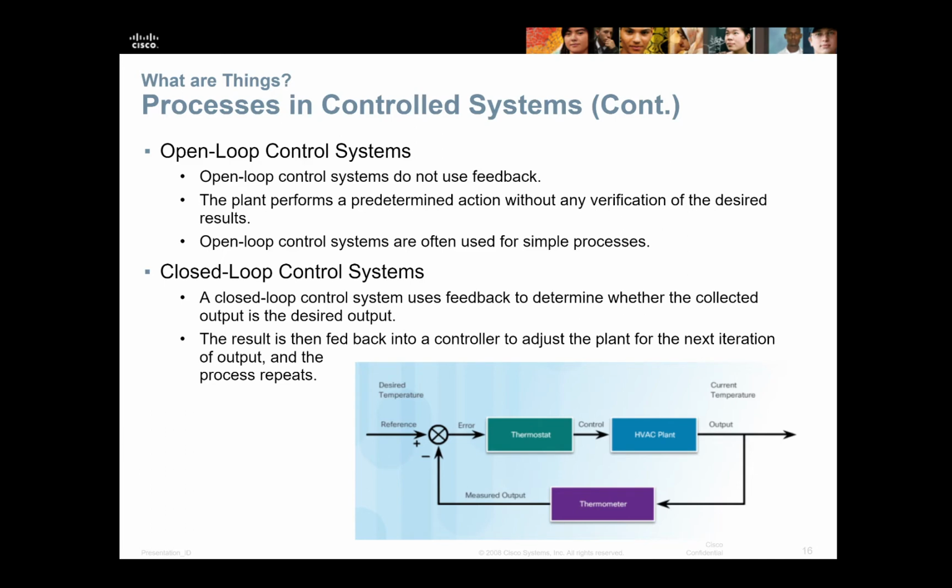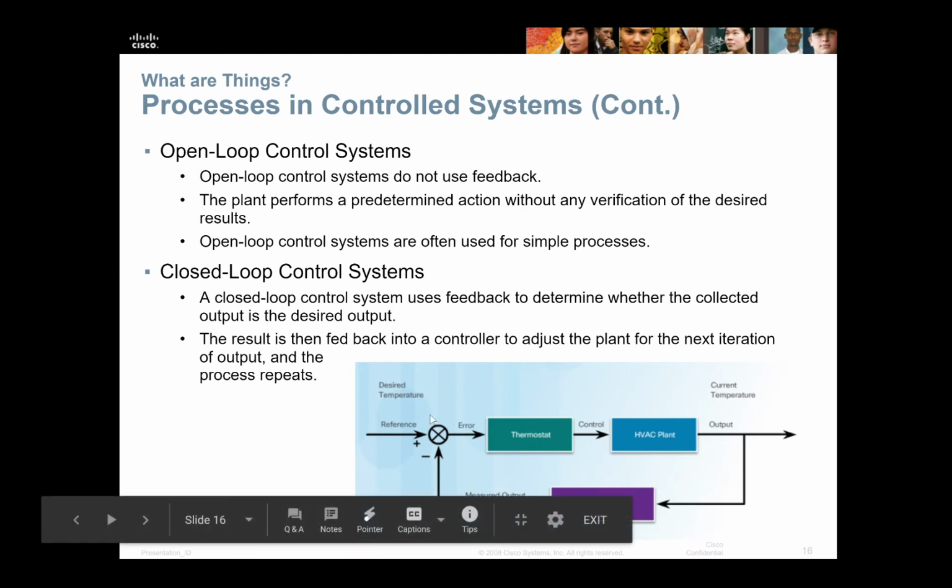There's a measured output going into that summing junction as a minus. So this summing junction on the left is measuring how far off we are from the set value. This signal is called error.